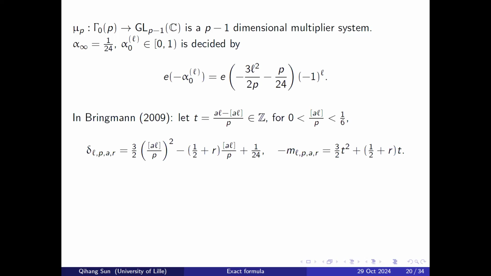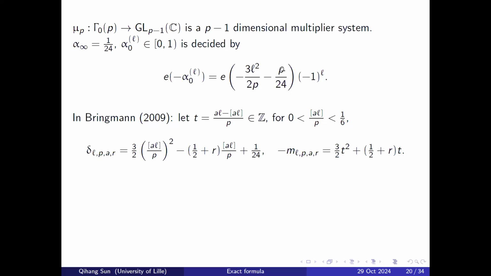And why is this important? Because for the parameter here, we can see a similar pattern in Bringmann's paper, which Bringmann calculated completely from the circle method in a different way. So in Bringmann's paper, these two complicated parameters are written like this. If you multiply by p for this one, you will see 3 halves here. You will see 1/2 plus r here, because you can add any integer if you put the minus 1 to the L here.